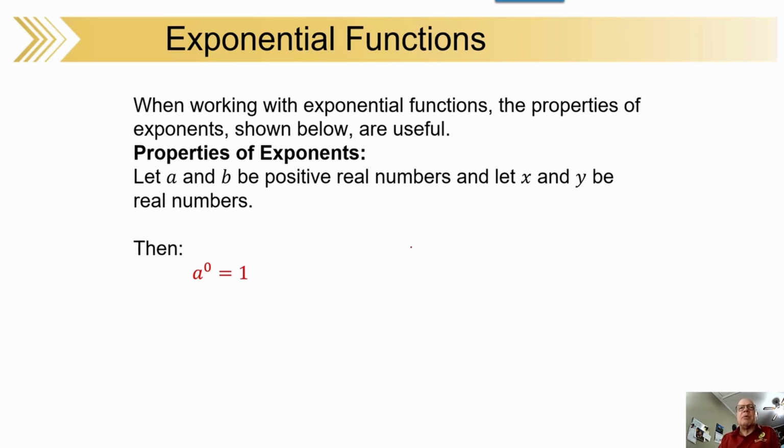So for example, remember that e we talked about in an earlier time? 2.718, and so on. Euler's number. If we take e to the 0 power, you get 1. If you have 7,258 to the 0 power, 1. No matter what it is, to the 0 power, it's 1.